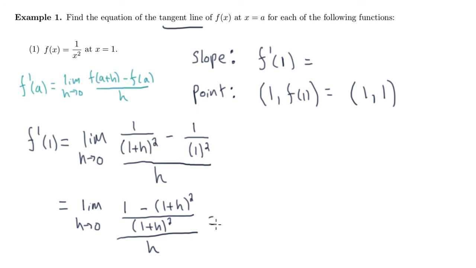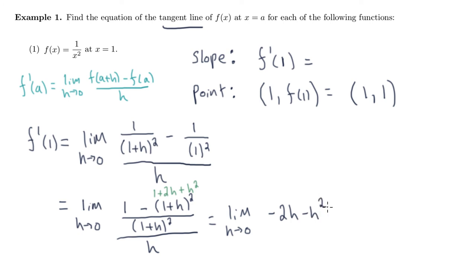Okay, so what do we have here? Well, this 1 plus h squared, I can actually expand that out as 1 plus 2h plus h squared. And now I'm taking 1 and subtracting all of these values. So 1 minus 1 is 0, we're subtracting 2h, so we're left with minus 2h, and then minus h squared.